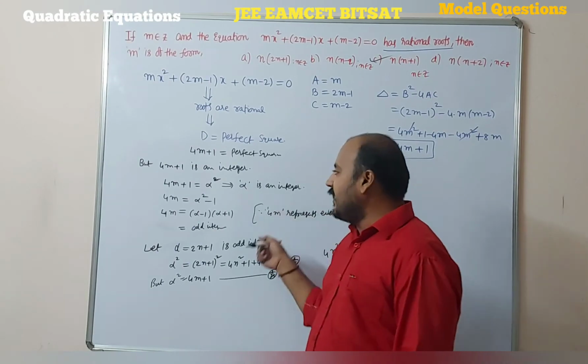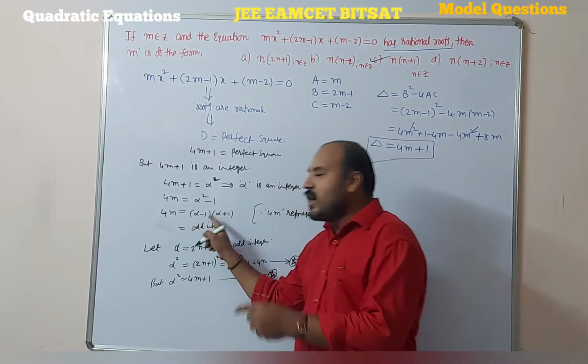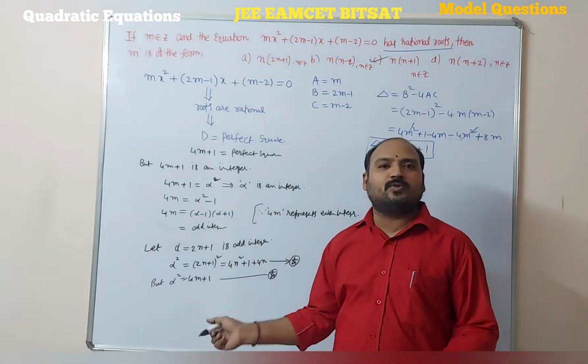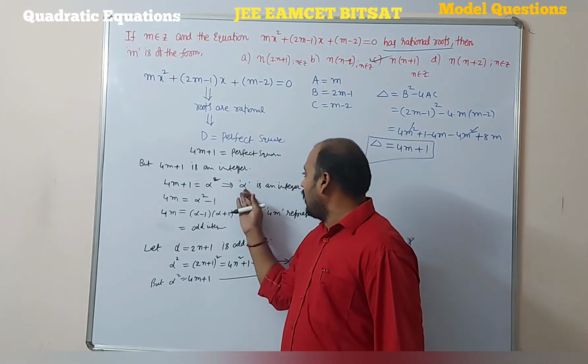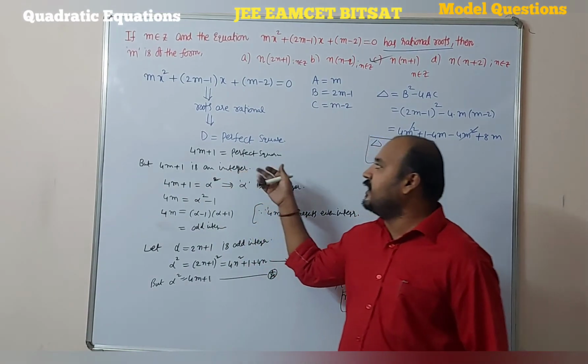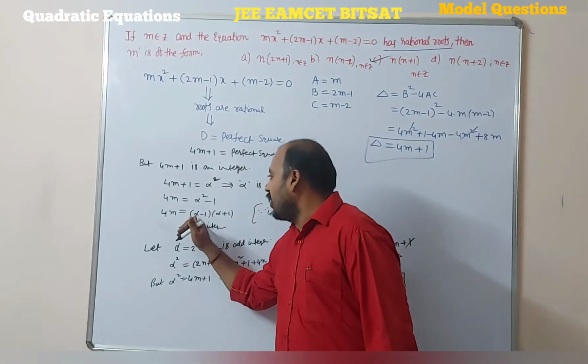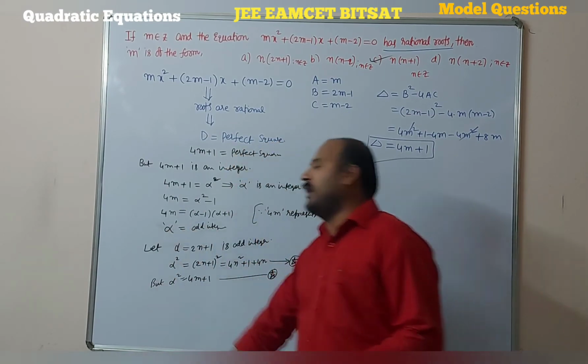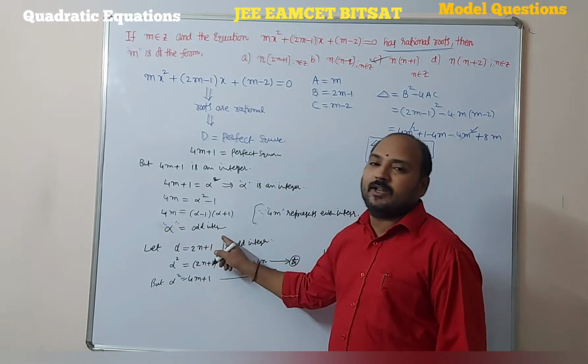Whenever alpha is an integer, alpha is an odd integer.